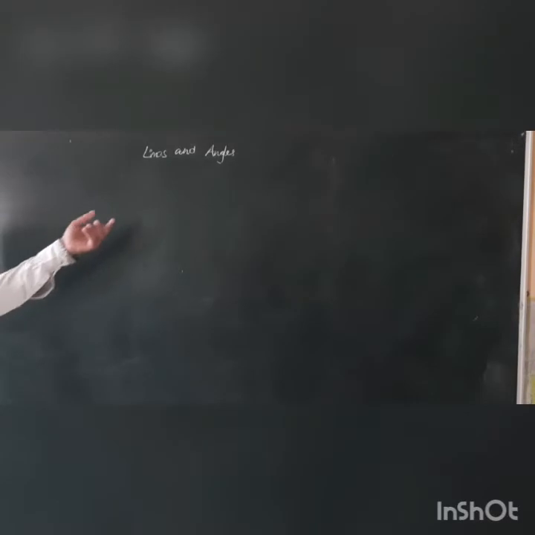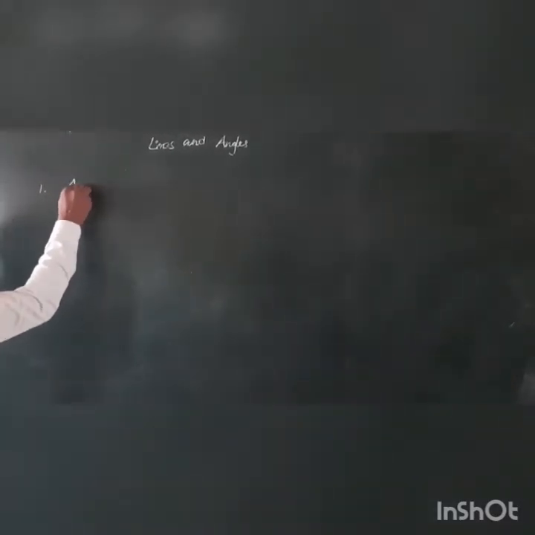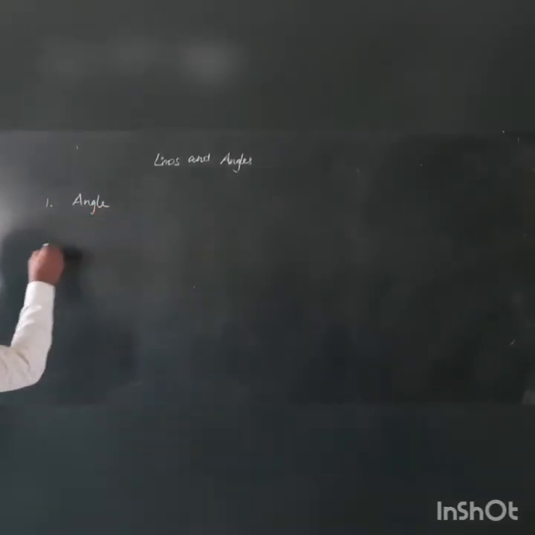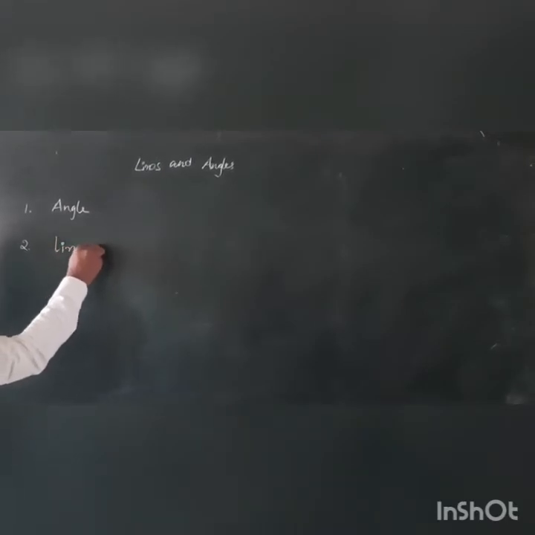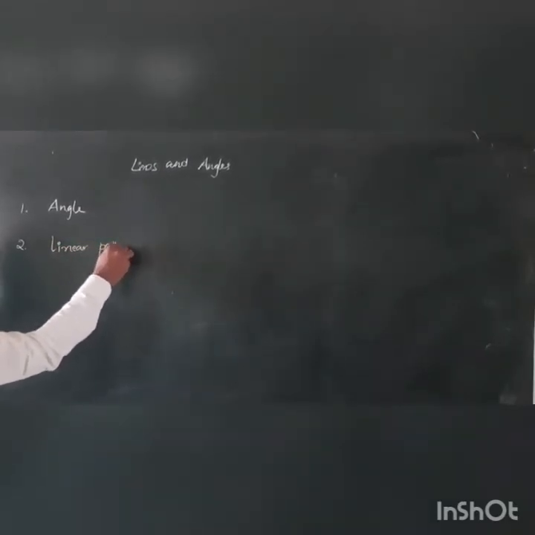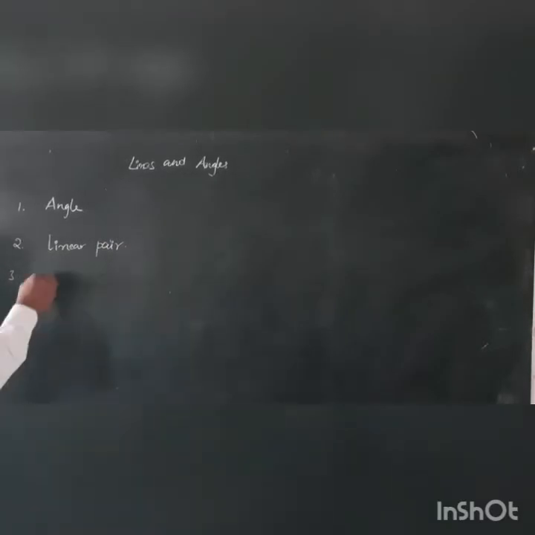In the previous class we learned about the basic definitions of lines, line segments and so on. Now we are going to learn about angles. First one, angle, which we already discussed. Second one, linear plane. Third one, adjacent angles.